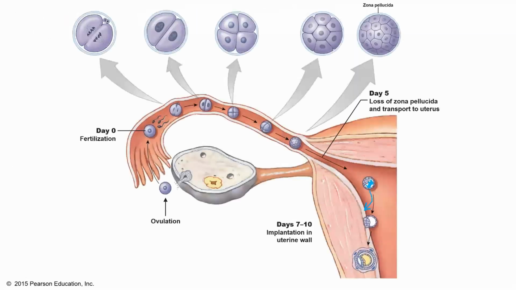Okay, let's talk then about how the ovary and the uterus talk to one another to make sure that conditions are adequate for implantation of a developing embryo.